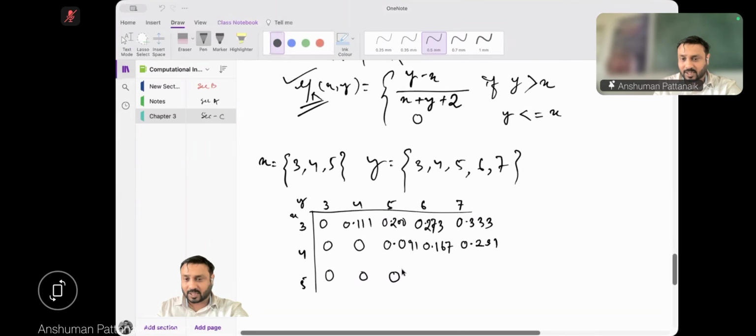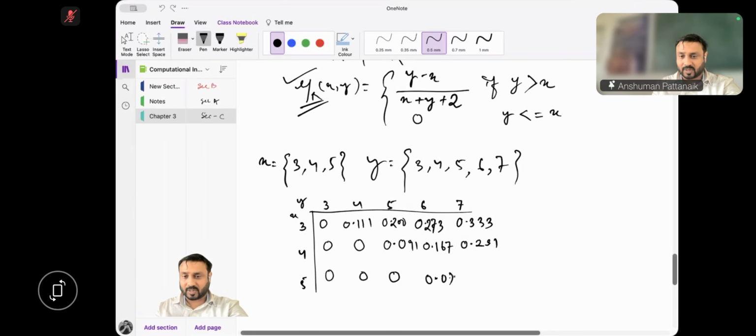In the last two digits, 5 to 6 will be 0.077. And 5 to 7 will be 0.143. So these are the membership values.